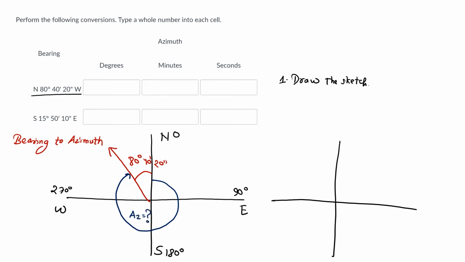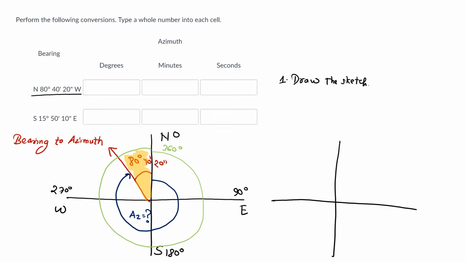How do I find this angle? I told you, right? One complete rotation is equal to 360 degrees. If you make one full turn from here till here, it is 360 degrees. In 360 degrees, this part is 80 degrees, 40 minutes, 20 seconds. So how do you find this remaining part?